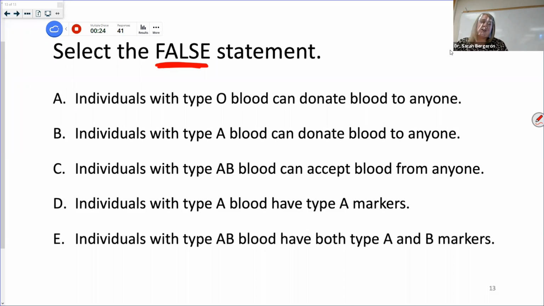Looks like we got this one. Lots of people ringing in quick on this one. 45 seconds. Make sure you click in again. Don't forget.